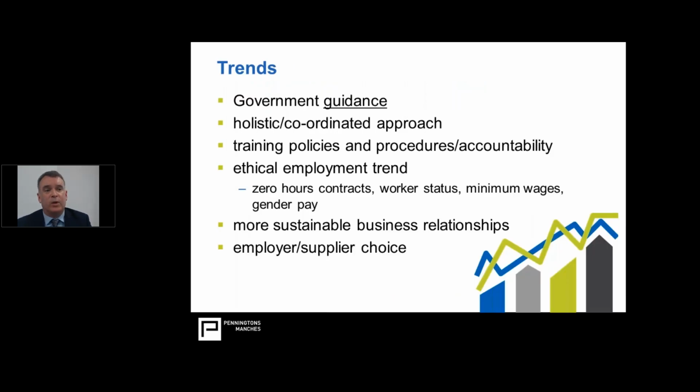So, let's talk about trends. In response to the risks I was highlighting around modern slavery allegations, we have seen, amongst other, the following trends start to emerge. Government recognition that it needs to collaborate with business in order to meet its goal to eradicate modern slavery.